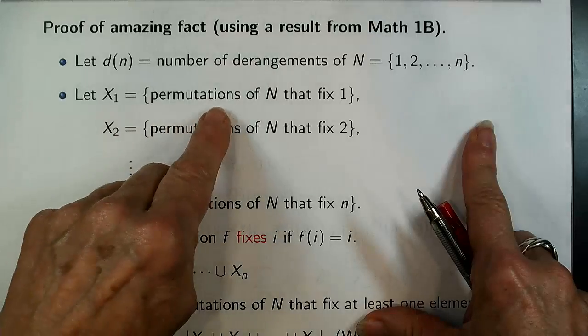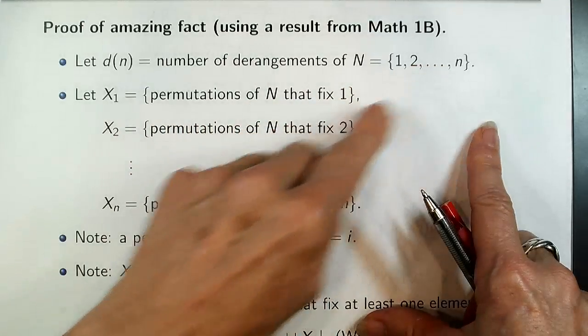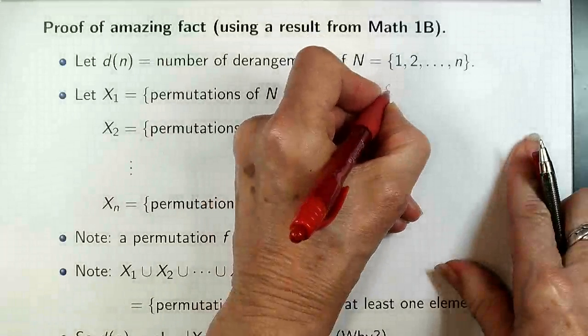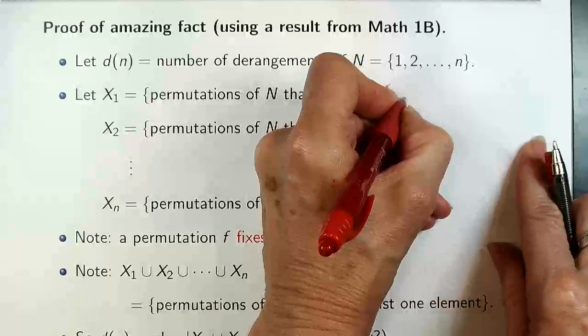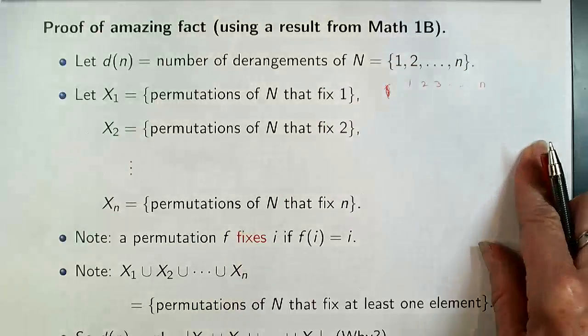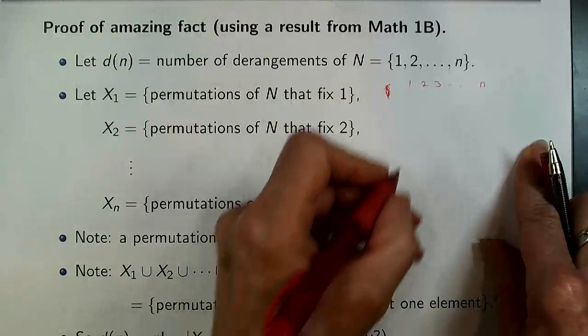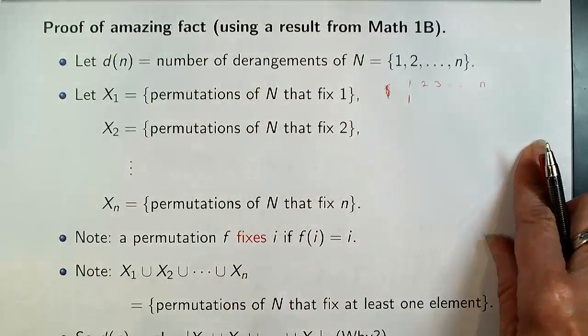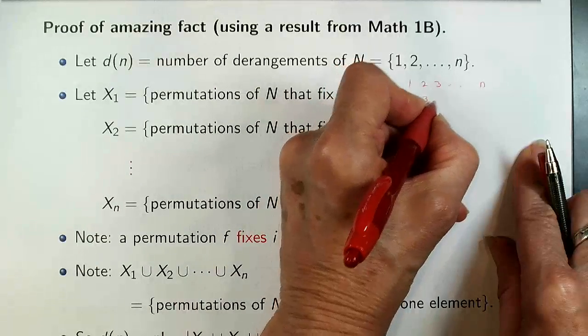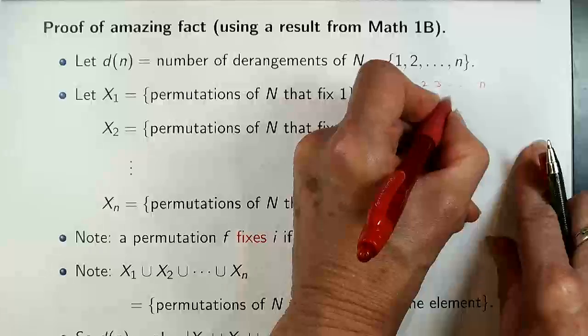Let X1 be the set of permutations of our set n that fix 1. What that means is that you've got your 1, 2, 3, etc. up to n, and a permutation that fixes 1 means 1 is glued in its spot. It doesn't go anywhere. Now, the other numbers might go somewhere, they might stay where they are, who knows?